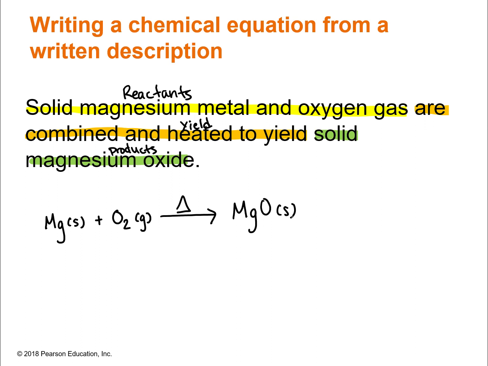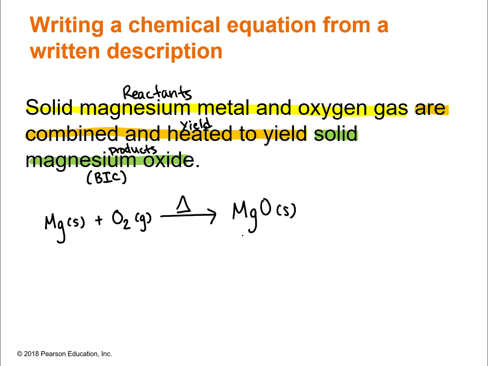Now remember, magnesium oxide, that's a binary ionic compound, which means that the metal ion and the anion, when you add those charges up, they should be equal to 0.